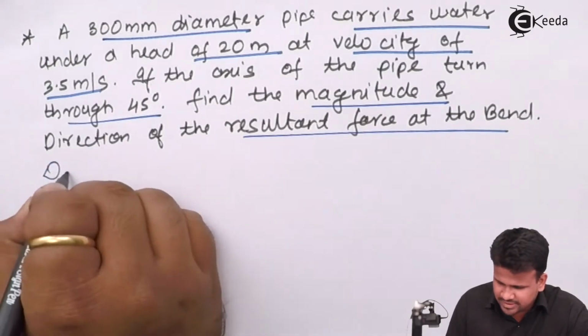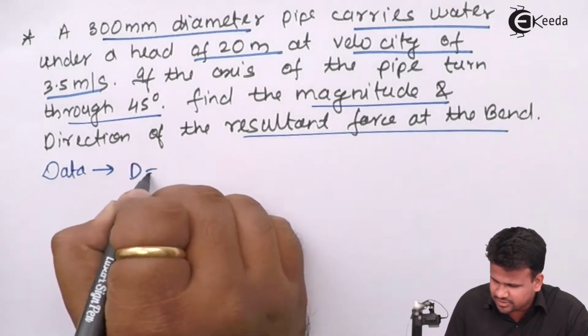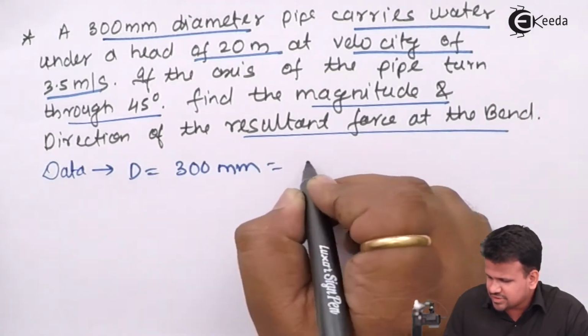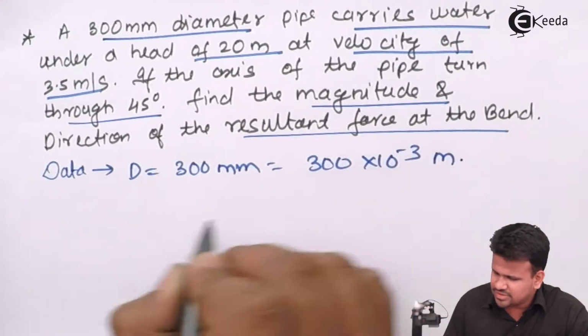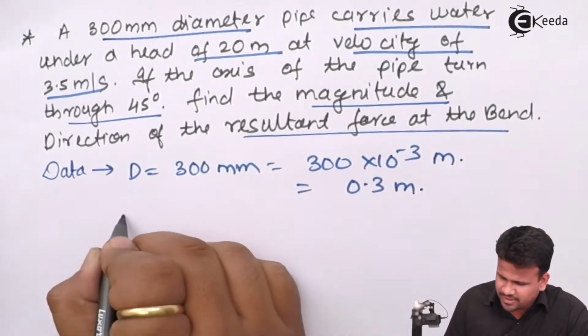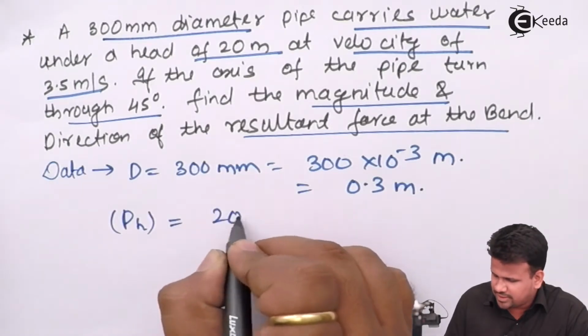So let us write down the things which we know. The diameter is equal to 300 mm, so this is 300 into 10 raised to minus 3 meters, that is 0.3 meters. Then the pressure head is given to you as 20 meters.